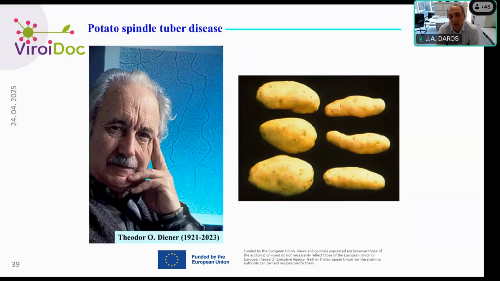All right, so a little bit of history. There is little discussion that the father of viroids is this man here in this picture, Theodor Diener. Theodor Diener passed away very recently. He was a fine plant pathologist born in Switzerland, but he was working in the USA.